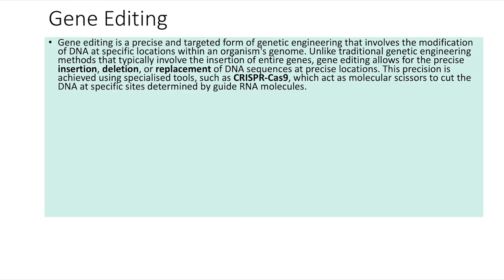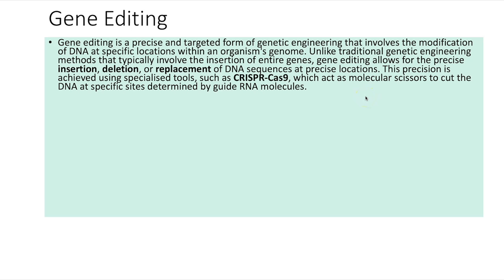So another concept that you need to be aware of within this is that gene editing occurs, and this is a precise and targeted form of genetic engineering that involves the modification of DNA at specific locations within an organism's genome. Unlike traditional genetic engineering methods that typically involve the insertion of entire genes, gene editing allows for the precise insertion, deletion, or replacement of DNA sequences at precise locations.